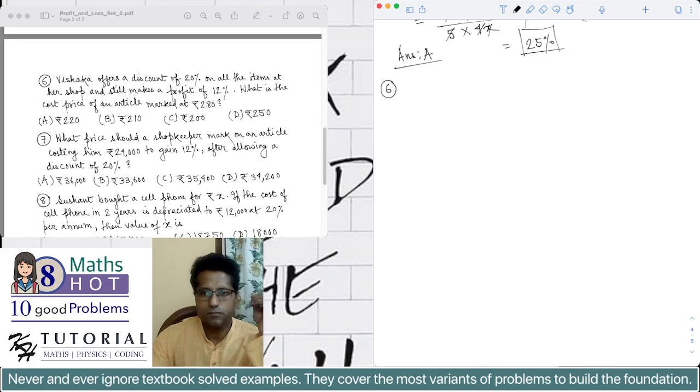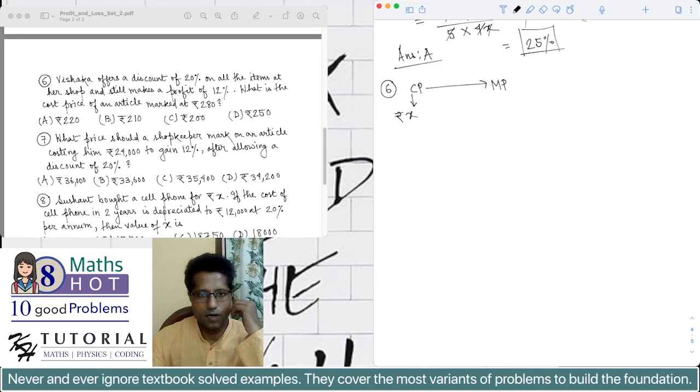Okay. So we have to find the cost price. From the cost price, there will be a marked price. We are asked to find the cost price of an article. So let the cost price of the article be rupees x.